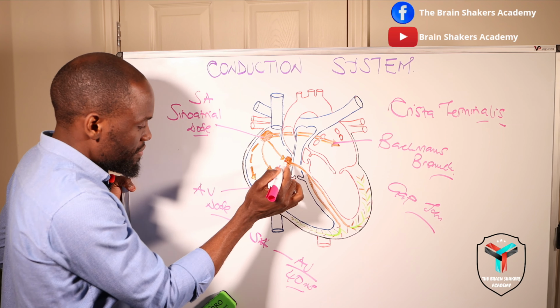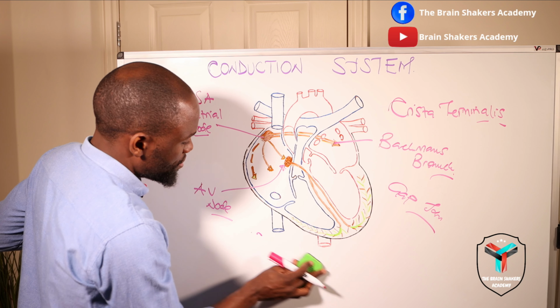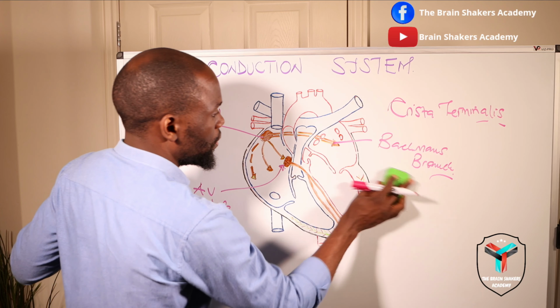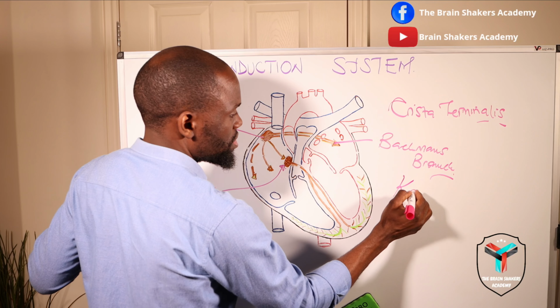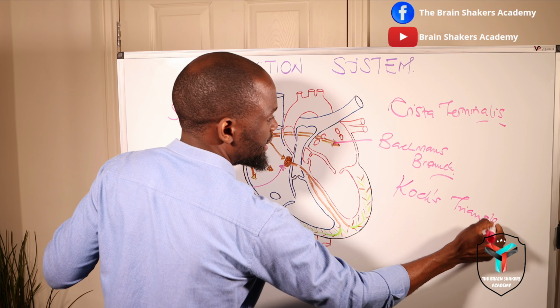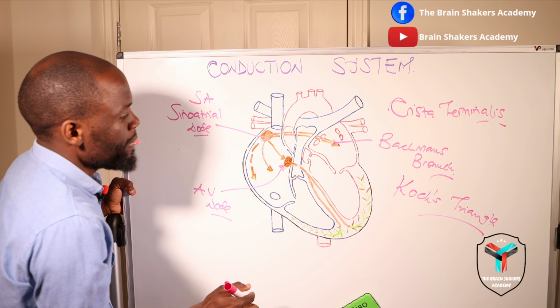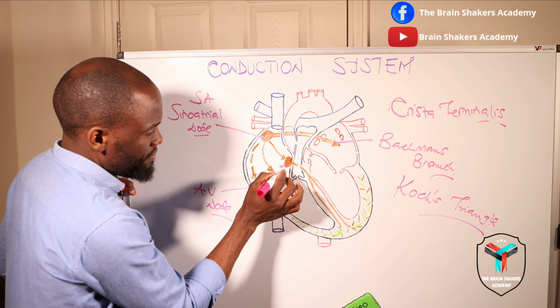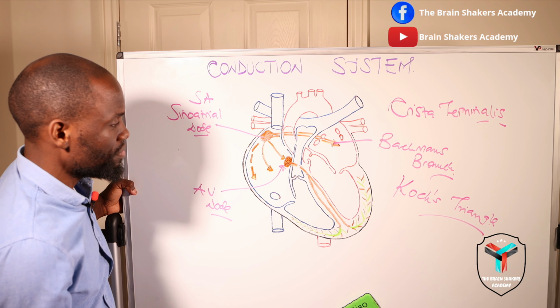Now, this atrioventricular node, or the AV node, is found around a triangle that we call the Koch triangle. So there is a region here that we call the Koch triangle, which is basically just an atrioventricular triangle around here, and from the atrioventricular node you have a portion that we call the bundle of His.